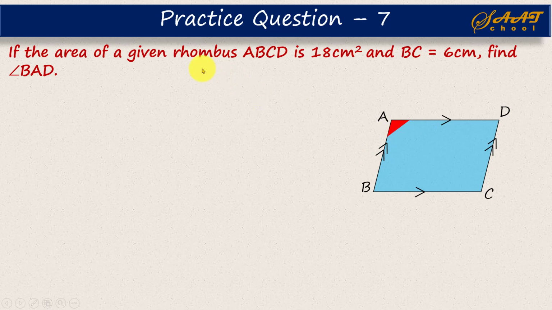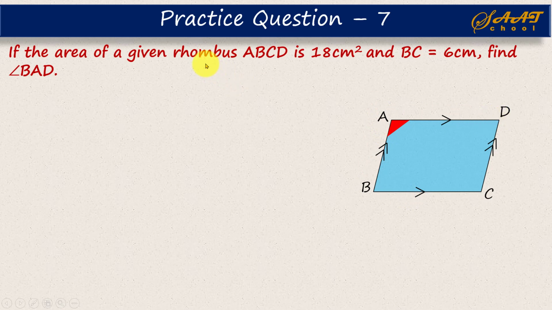Now, the given shape is a rhombus, meaning in a rhombus each side has the same value. Here we have BC is 6 cm, which is this one. In a rhombus, every side has the same value, meaning they are equal in length. Now AB will be 6 cm, AD will be 6 cm.